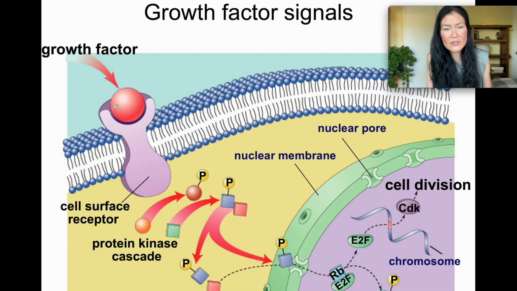So growth factors, again, they are external signals, and you can see in this picture, when they bind to the receptor protein that's embedded in the cell membrane, it causes a chain reaction of events called the protein kinase cascade, where phosphorylation activates molecules within the cytoplasm. And in this case, it's going to send a message into the cell to start making these CDKs and cyclins for cell division.